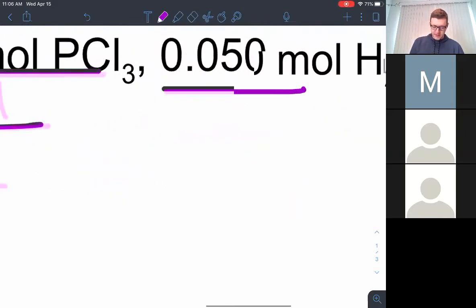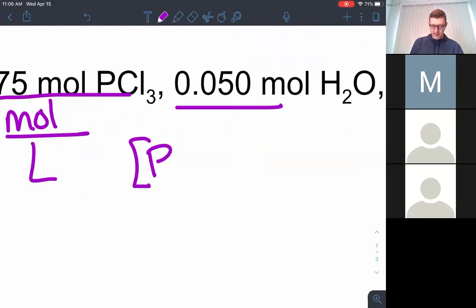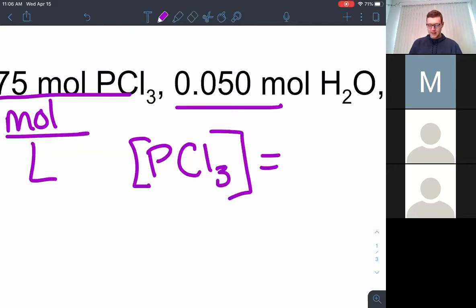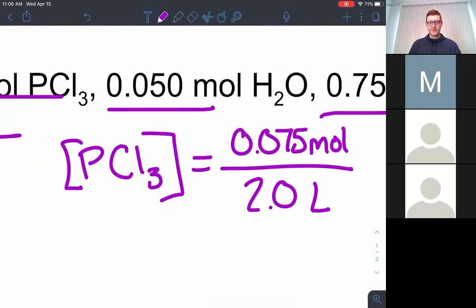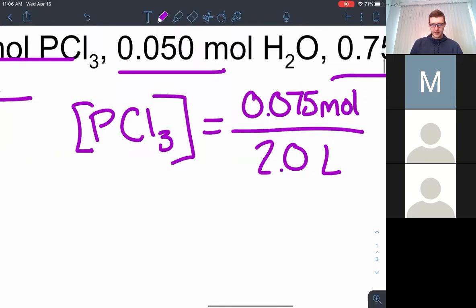So we're finding the concentration of PCl3. We take 0.075 moles divided by the 2 liters. Do the same thing with water.